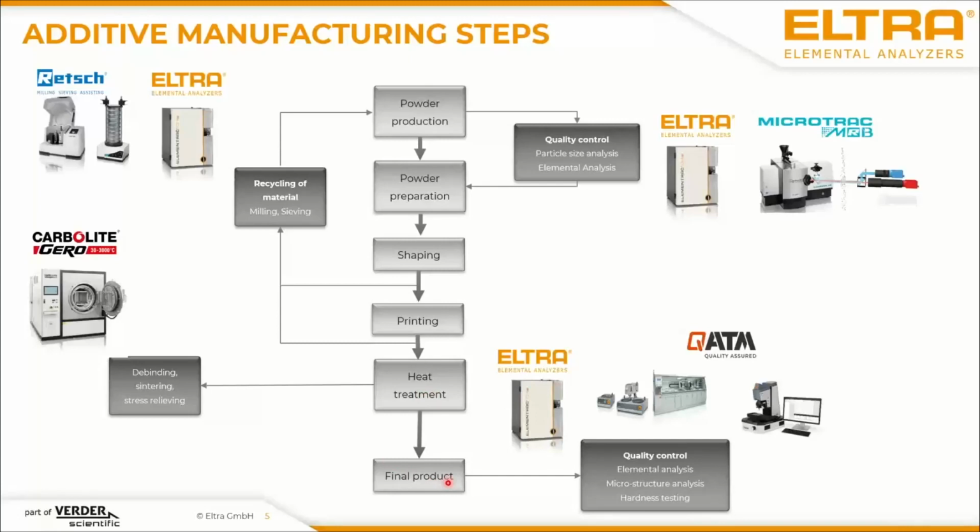Where is elemental analysis advisable? First of all, of course, in the powder production, because powders are controlled in many terms for their quality. I will give you more information about that later. And here it's strictly important to see what the material is like, which properties it has.